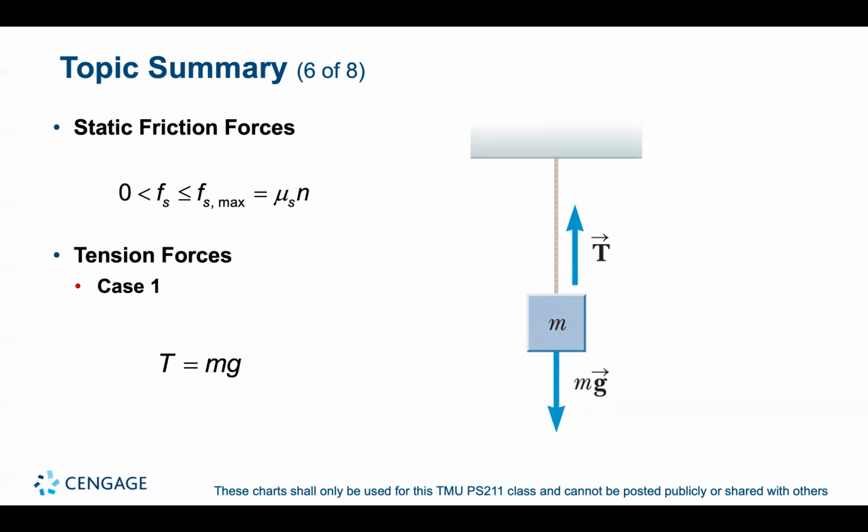Notice that only the maximum static friction force, F sub s max, involves the use of the static friction coefficient mu sub s. In general, the static friction force is found by solving with the second law for equilibrium.